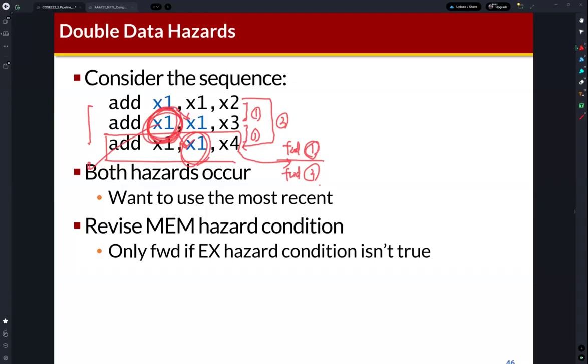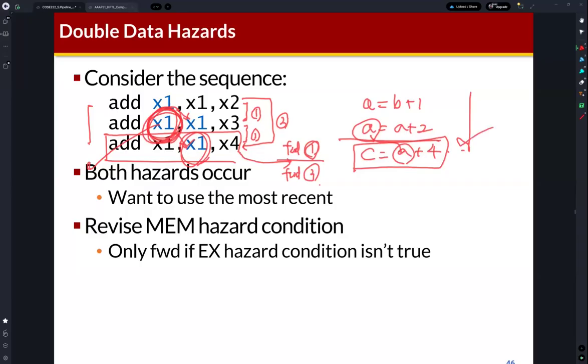It is like a equals b plus 1, and then another a is a plus 2, and then c equals a plus 4. Then c needs to receive data from the latest instruction, obviously, because the instructions are executed from top to bottom.